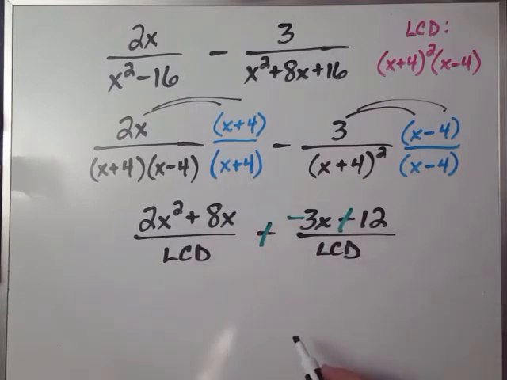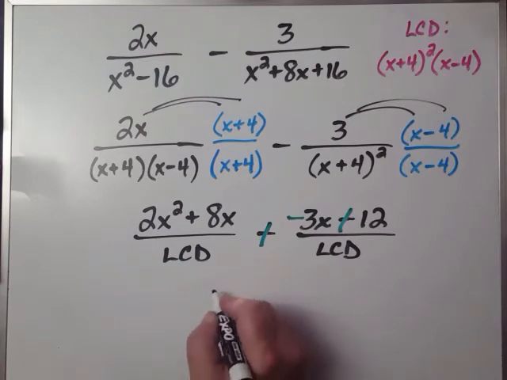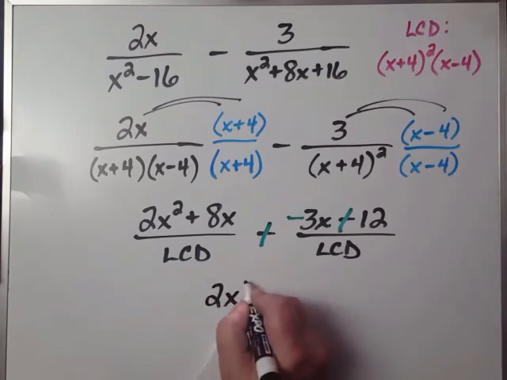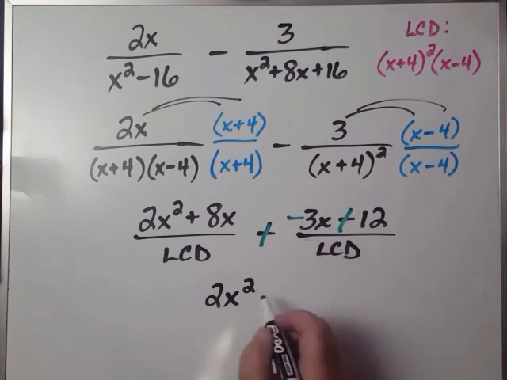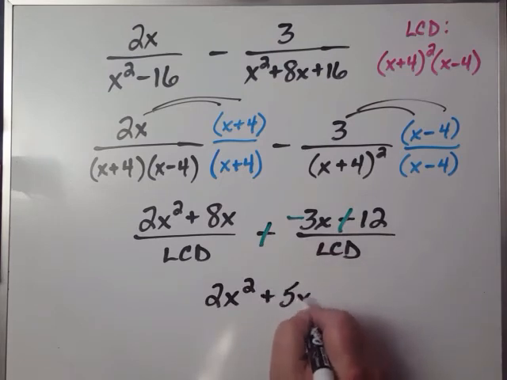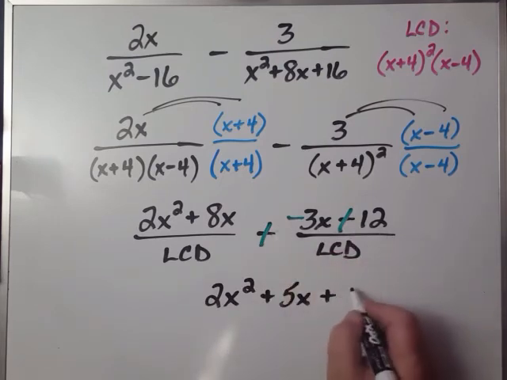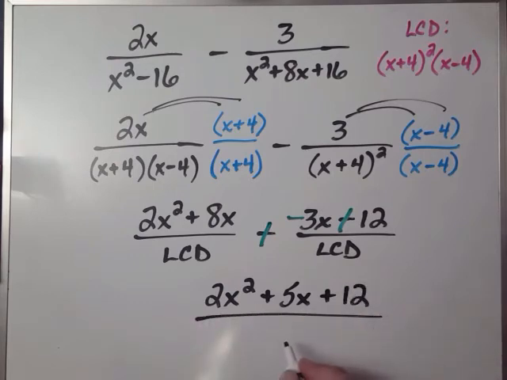So, we're ready to add now these numerators. Combine like terms. We have 2x squared plus 5x plus 12. And that's all over this common denominator. Now, again, this may be my final answer.